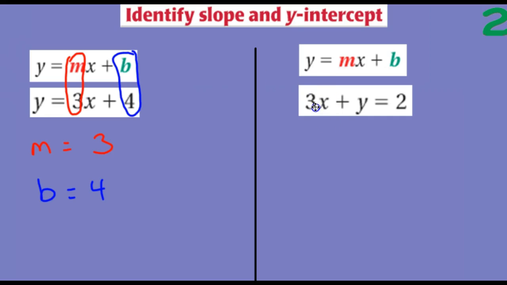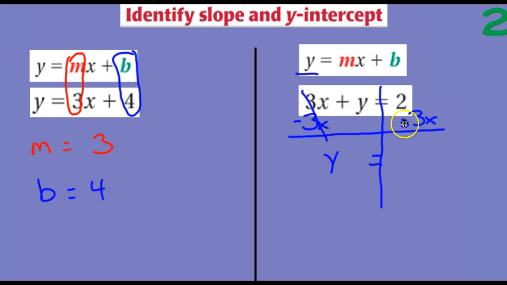Now this one has 3x plus y equals 2. Our slope-intercept form starts with y equals mx plus b. So this one we need to get y all by itself. So I'm going to subtract 3x to get my 3x over to the other side and y by itself. Now I have y equals, I can't combine 3x and 2 because one has an x and one doesn't, so it'll be negative 3x plus 2.